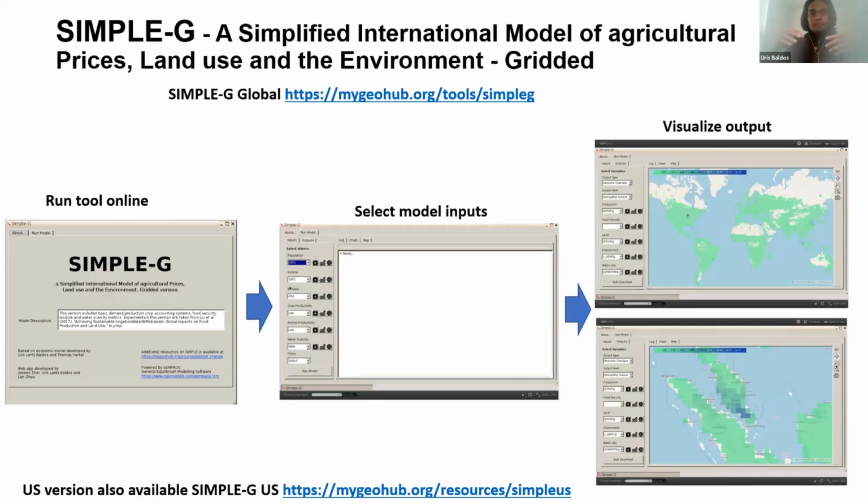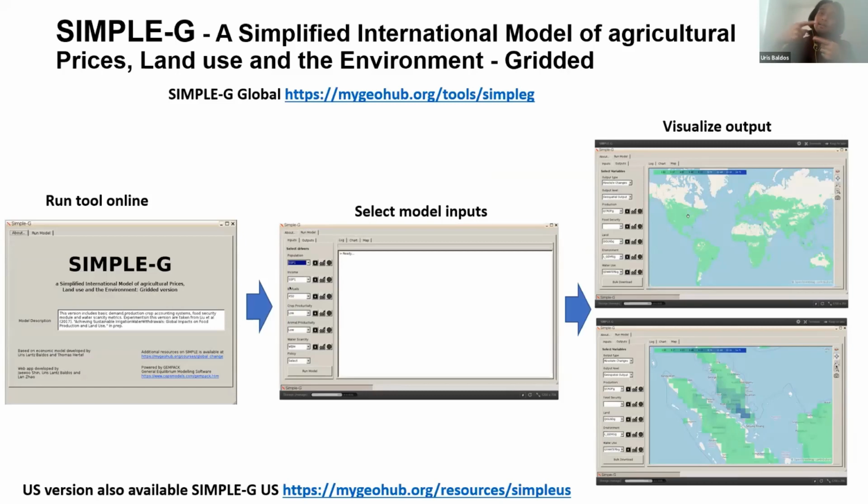I don't have time to look at the tools and do a one-on-one how to run it. But if you go to mygeohub.org and create an account, then you'll be able to run this tool and also other tools. The cool thing here is that we can select model inputs within this web-based tool. Let's say you want population growth based on historical growth rate, income based on historical growth rate, and so on. Once you've selected those model inputs, you click the run button.